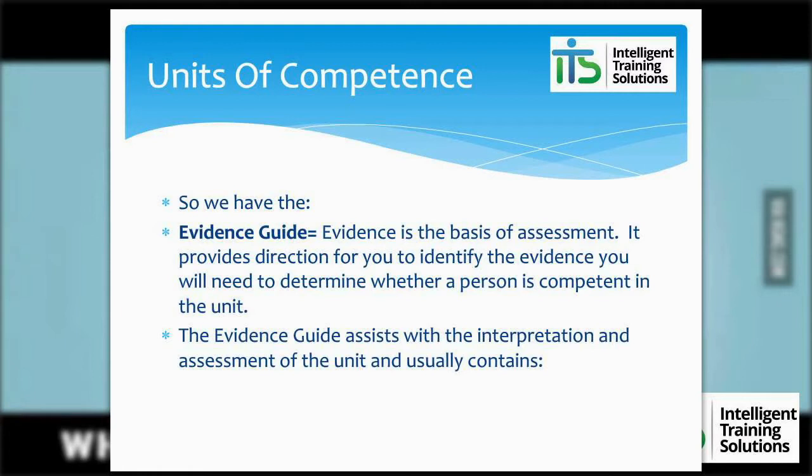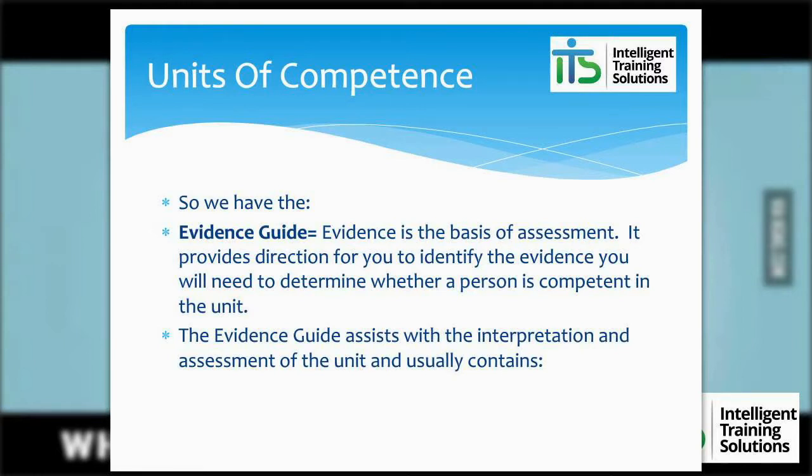We then have the evidence guide, and the evidence is the basis of assessment. It provides direction for you to identify the evidence you will need to determine whether a person is competent in the unit. So when we read the elements of performance criteria, it sets out what the person needs to be able to do to be deemed competent. But funny enough, the evidence guide really breaks it down to those measurable things, or the really identifiable aspects of the elements of performance criteria.